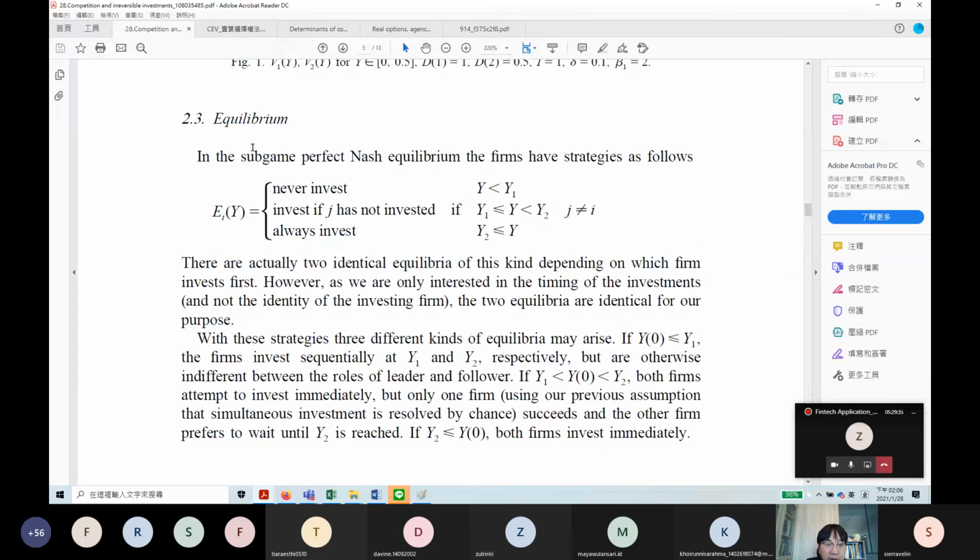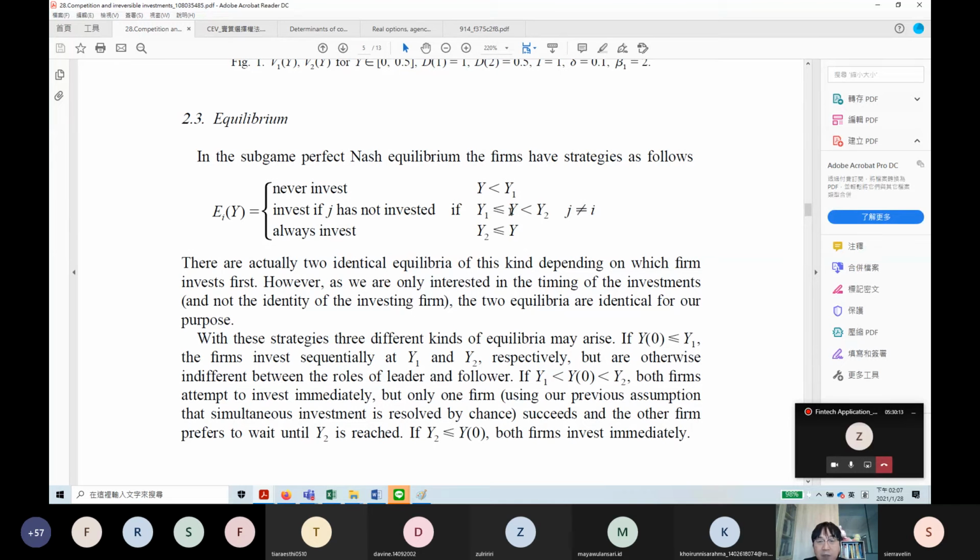Okay, so equilibrium in subgame perfect equilibrium, the strategy here. Y1 is the leader's criterion to enter or not in the industry. So Y not reaching Y1 means there is not enough incentive to attract any player to enter the industry.